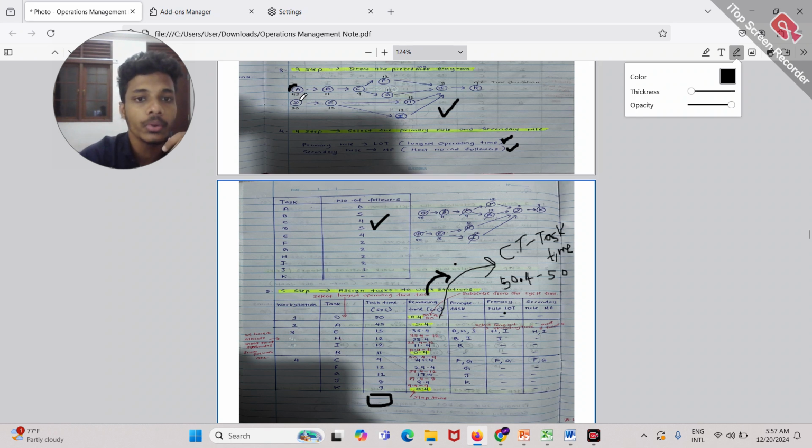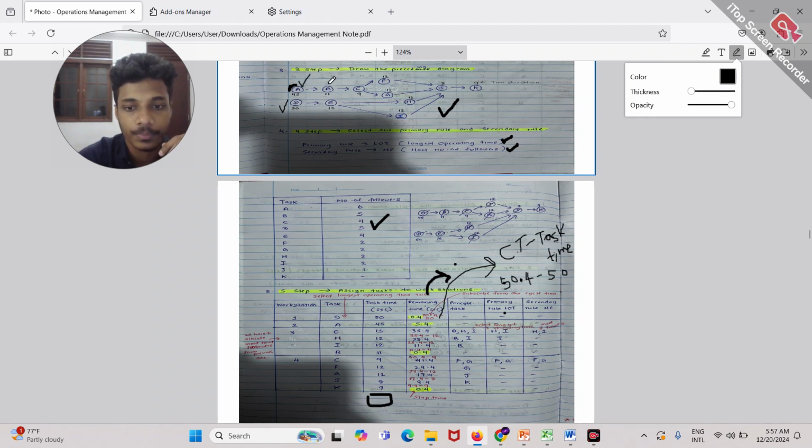Now you did this D, right? We already allocated the D task in the first workstation. Now you have A or E. You can select A or E, but you have these two tasks A and E, right?